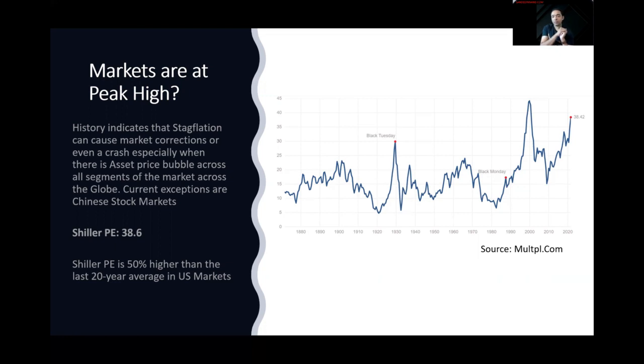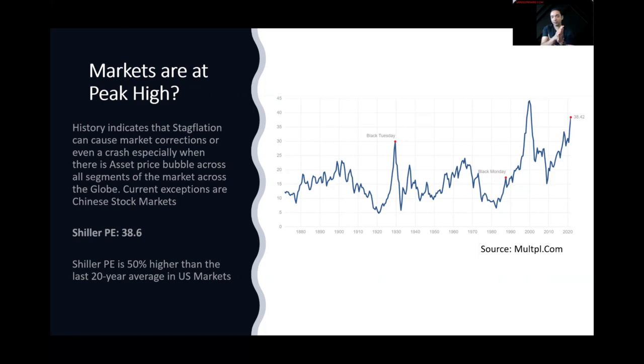And it could potentially be headed higher, because some pockets of markets, especially the old economy companies, some of the industrials, energy, banks, some of the consumer discretionary names, are still not in the bubble zone.